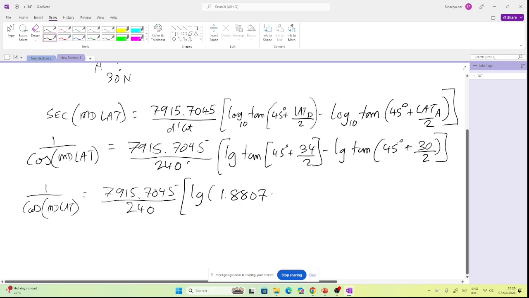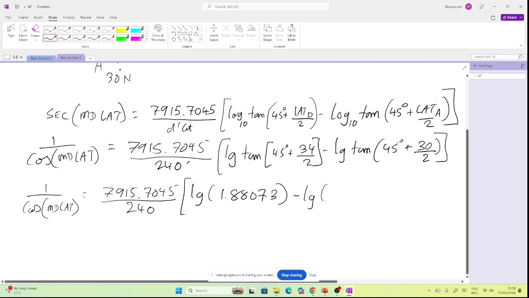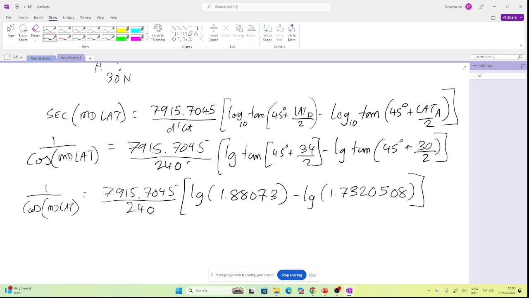1.8807 minus 30 point 73058. Can you all see what I'm writing? All right. Okay.